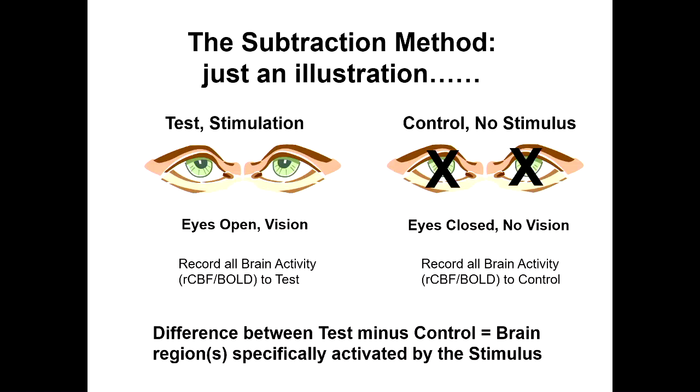Okay? So eyes closed brain activity subtracted from eyes open brain activity gives you the regions of the brain that are active when you're seeing and you're using the visual parts of your cortex.